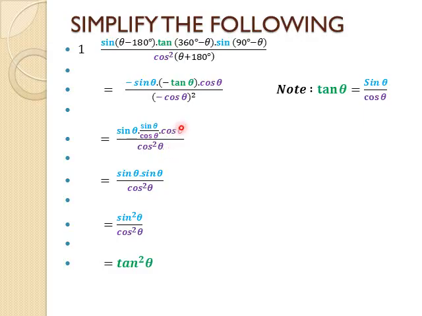You should see now that cos theta will cancel, and I'm left with sine theta times sine theta on top, cos squared theta at the bottom. Sine times sine gives me sine squared theta, and sine squared theta over cos squared theta gives me tan squared theta, right? Assume you know that's called a quotient identity, right?